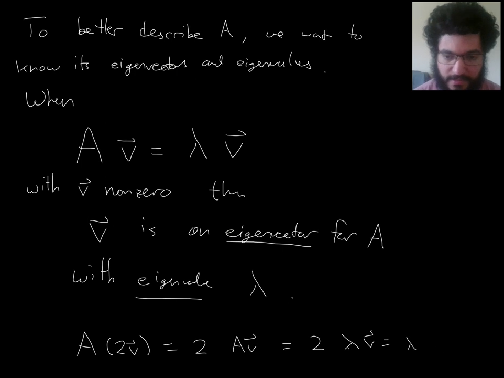And then I can put the 2 back inside. So A applied to 2v, if Av is lambda v, then A2v is lambda 2v. So if v was an eigenvector for A with eigenvalue lambda, then 2v is an eigenvector for A with eigenvalue lambda also.